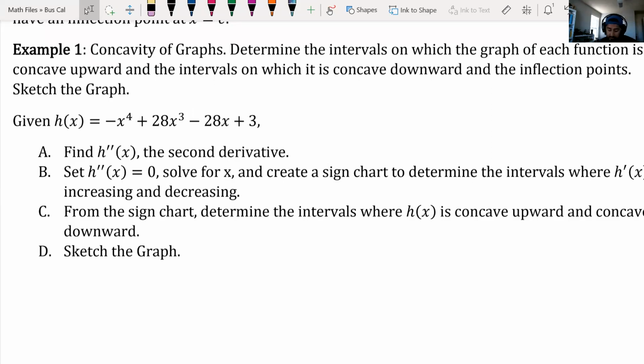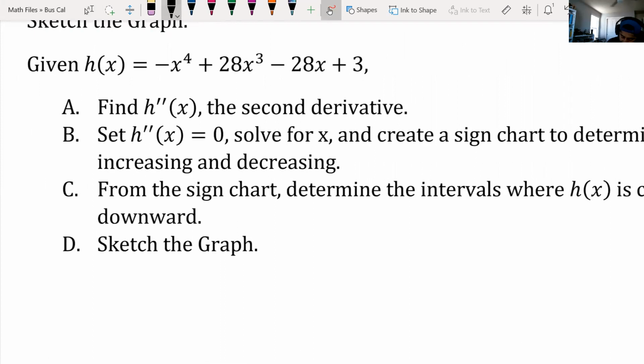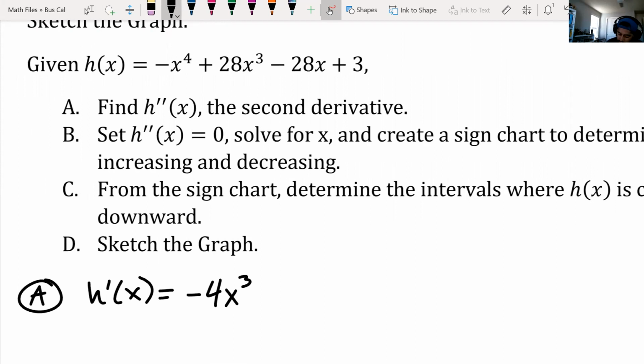Okay, so step A is find the second derivative. So let's go through that. To get to the second derivative, of course, we have to take the first derivative. So the first derivative of the function above is negative 4x cubed plus 3 times 28, which is 84x squared minus 28.